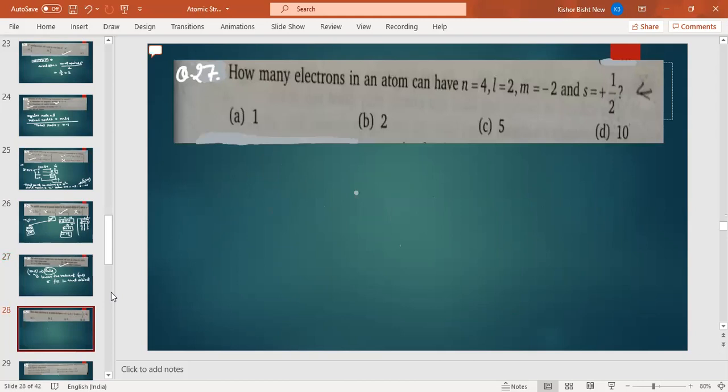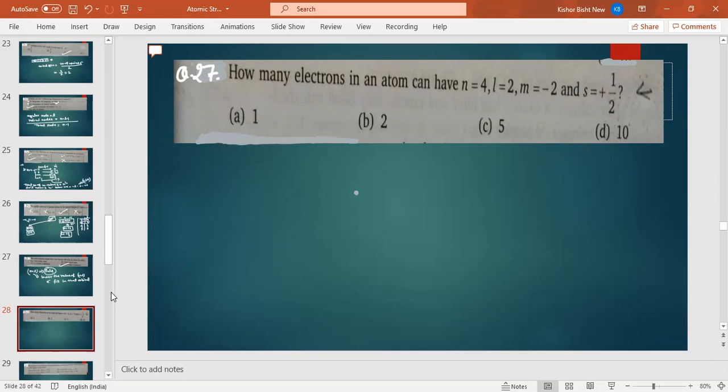Come to next. How many electrons in an atom can be, if n is equal to 4, l is equal to 2, m is equal to minus 2, and s is equal to plus 1 by 2? How many electrons can be possible?